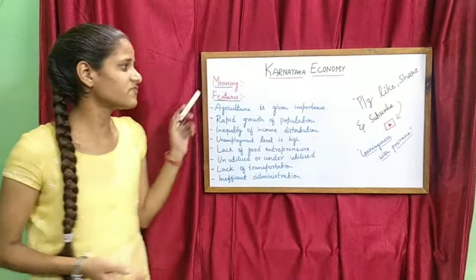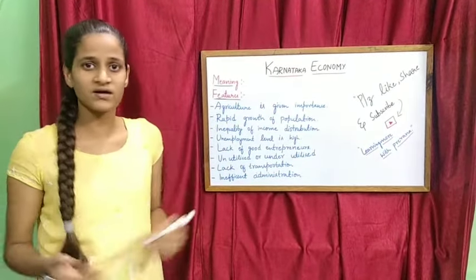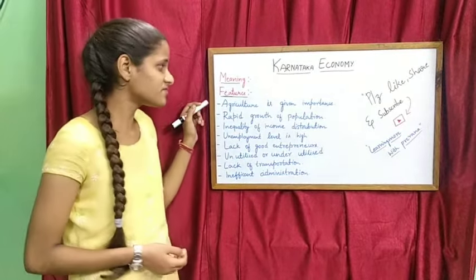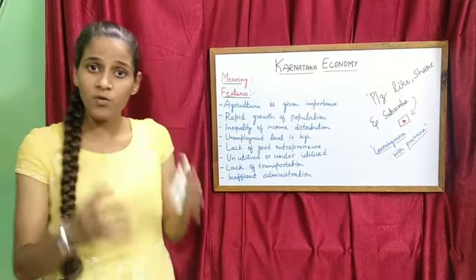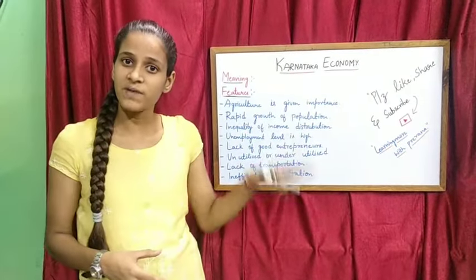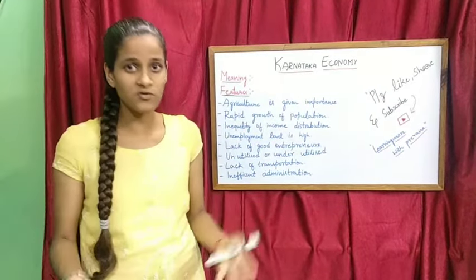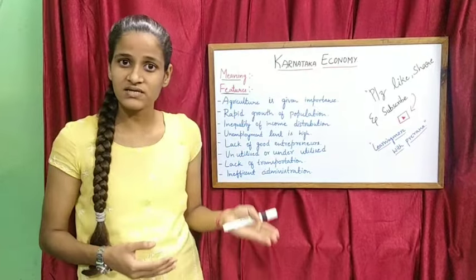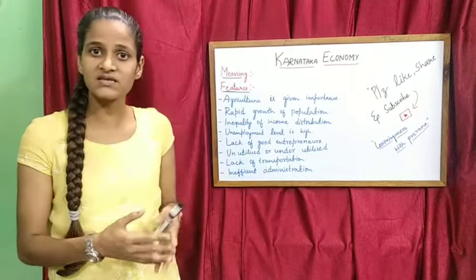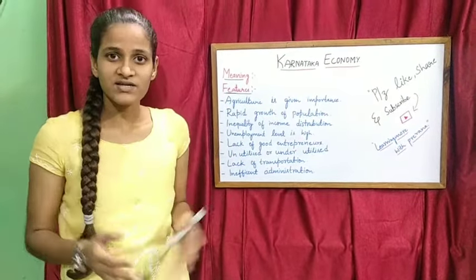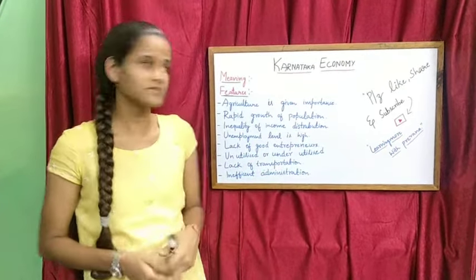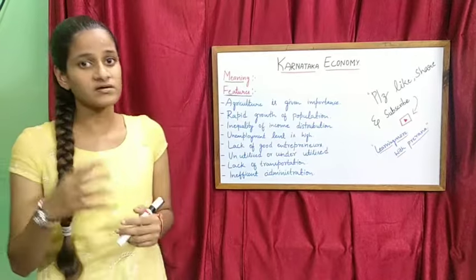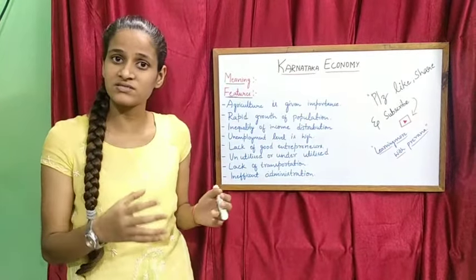So let us see what are the features of Karnataka economy. The first feature is that agriculture is given importance, as a large number of the population is dependent on it; 55% of the population depends on agriculture.